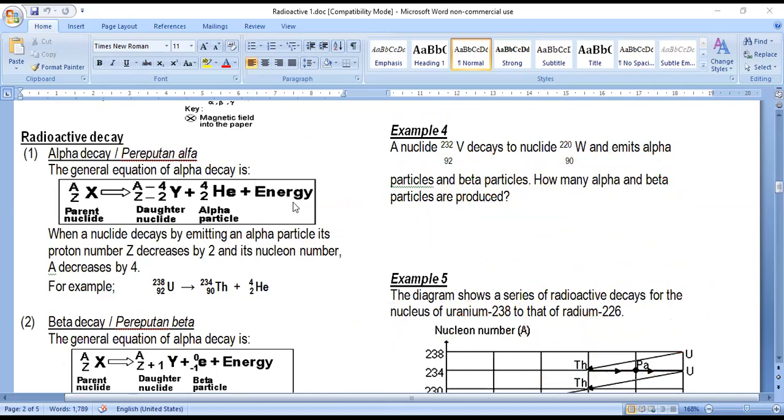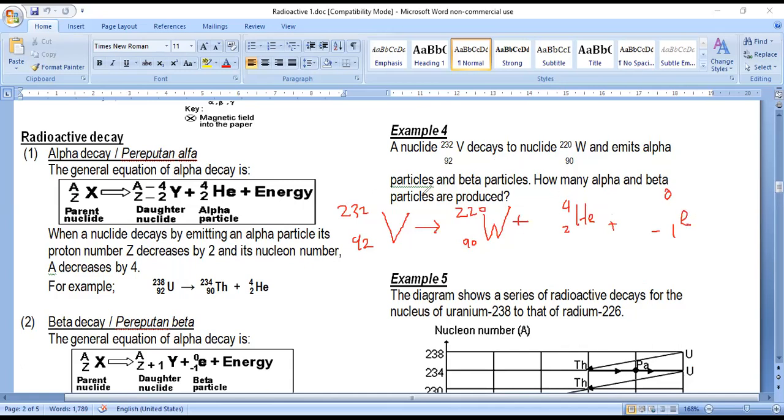One more example. So B, right? 232, 92 decays into W plus alpha, beta.